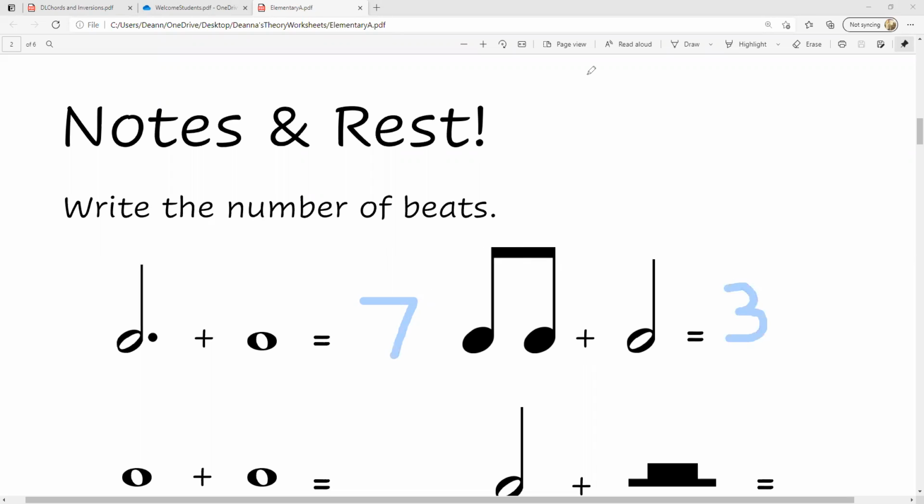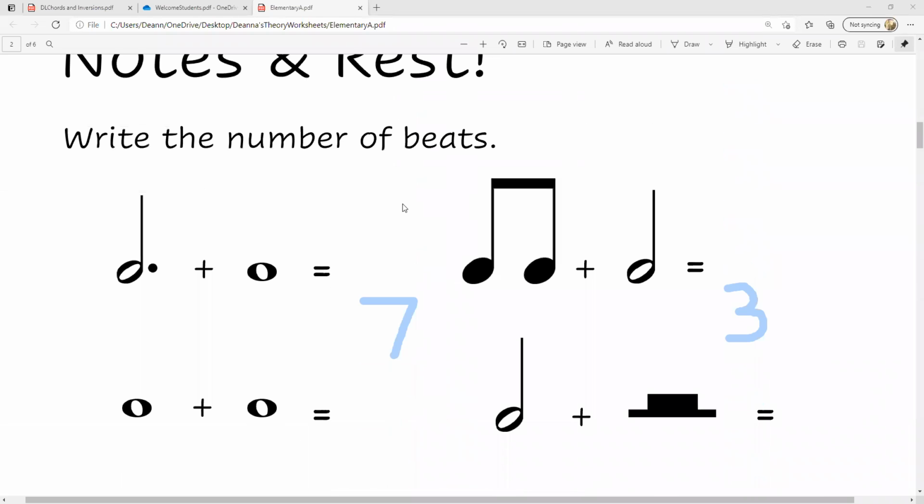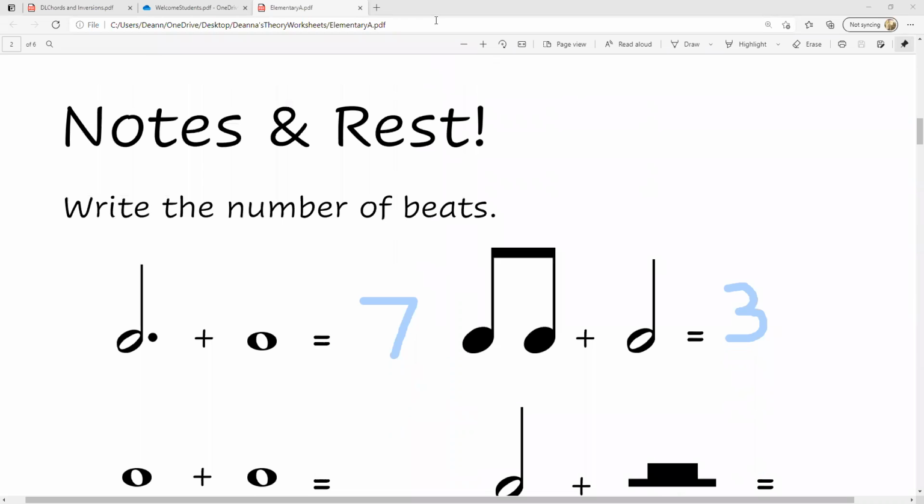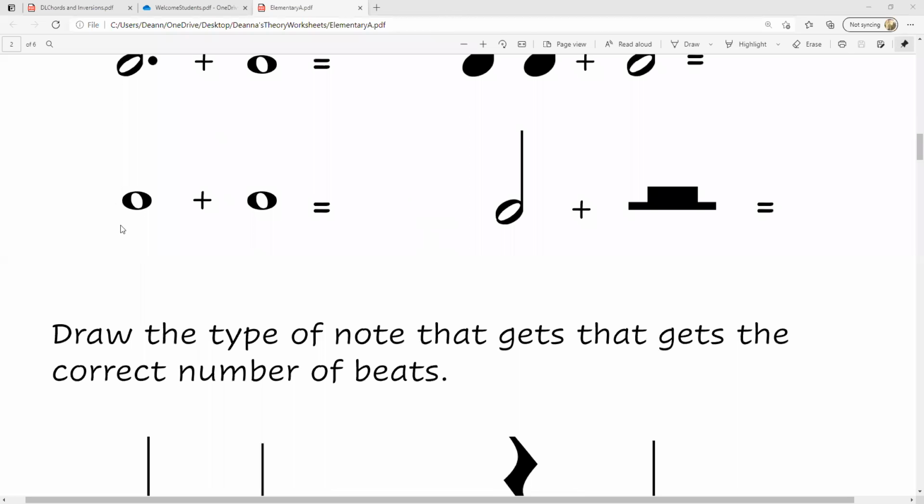Remember that whole notes get four beats. 4 plus 4, that's a toughie. 4 plus 4 is 8.